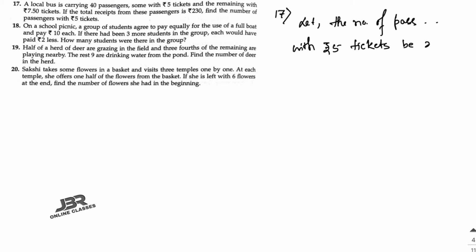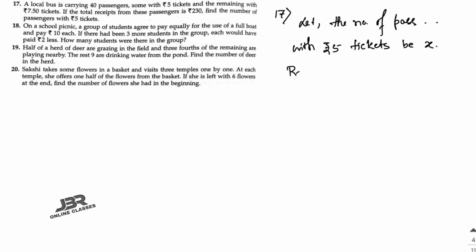Next one, sum number 17. A local bus is carrying 40 passengers, some with rupees 5 tickets and the remaining with rupees 7.50 tickets. So first, let the number of passengers with rupees 5 tickets be x.